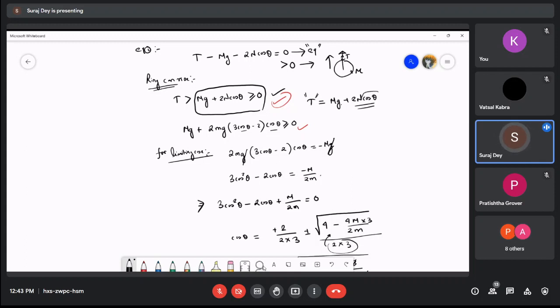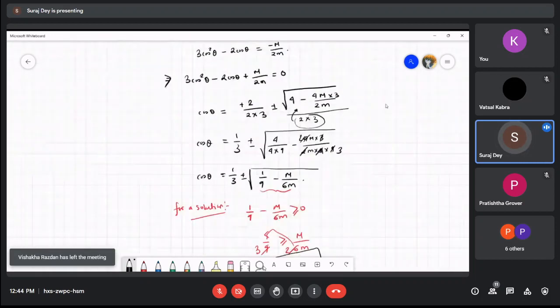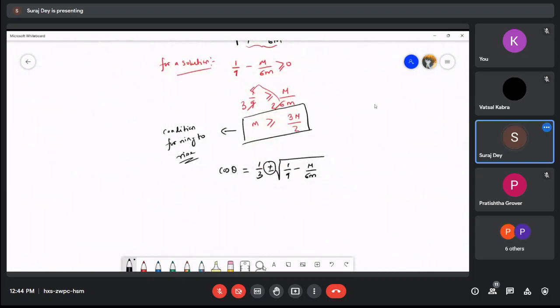And this can only happen if cos theta is increasing, because this is a constant, this is also a constant, and the only thing variable is cos theta. So in this entire problem, the only thing that changes is the angle theta. So it starts from here, then theta will be this, and something else. So the only thing that changes is this theta, and hence cos theta. So you want cos theta to have the maximum value that it can take for the tension force to be higher. So for that we can choose the plus sign.